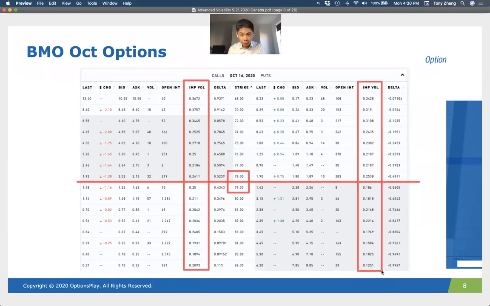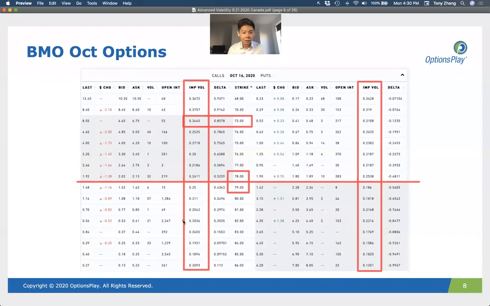And what you can see here is that depending on which strike price you choose, the implied volatility runs a pretty wide range, right? So here you have, let's say, the $72 call option, which is currently trading at about 34% implied volatility, versus, let's say, the 82 call option that's trading at about 20% implied volatility.